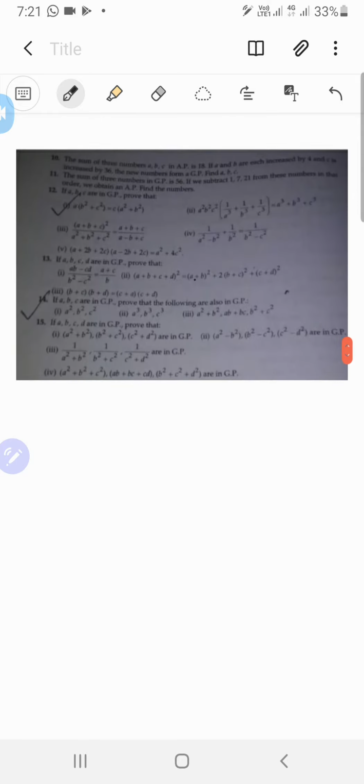Okay, so the sum of three numbers A, B, C in AP is 18, which means that the middle term is going to be 6. The term before that is 6 minus d, after that is 6 plus d.